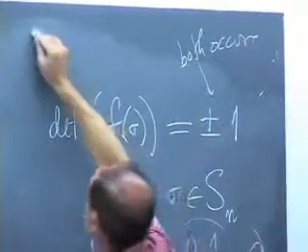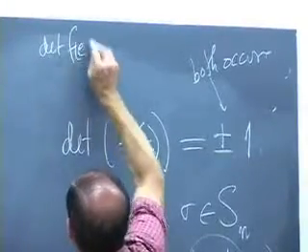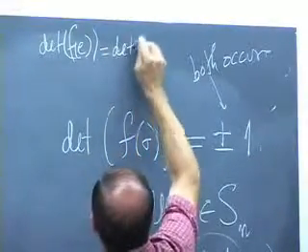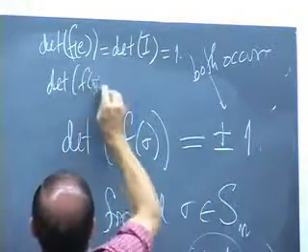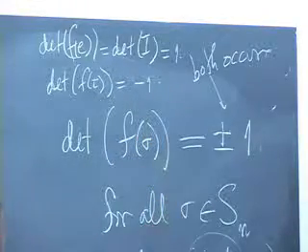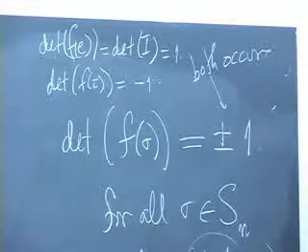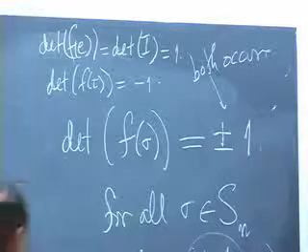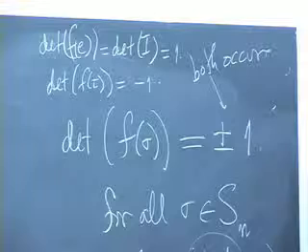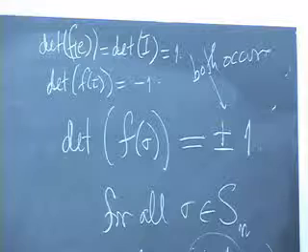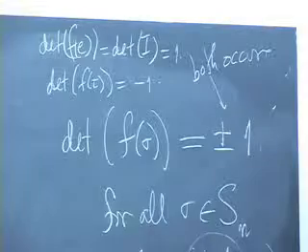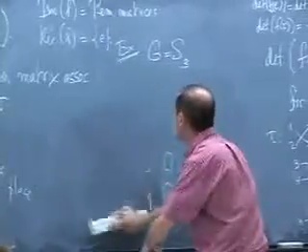Because, for example, the determinant of f of e is the determinant of the identity matrix, which is 1, but the determinant we've just seen of f of tau is equal to minus 1. So permutation matrices have both determinants, plus 1 and minus 1, which gives us another homomorphism. Namely, if we take this homomorphism and compose it with this homomorphism, and we're allowed to do that, the composition of two homomorphisms is a third.